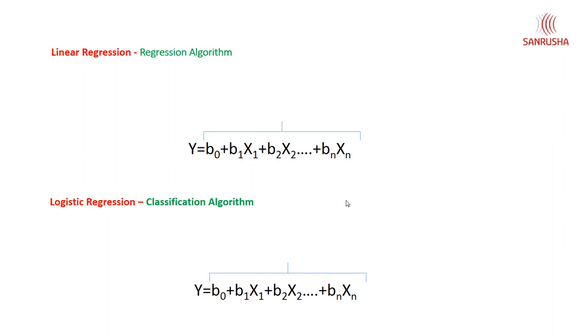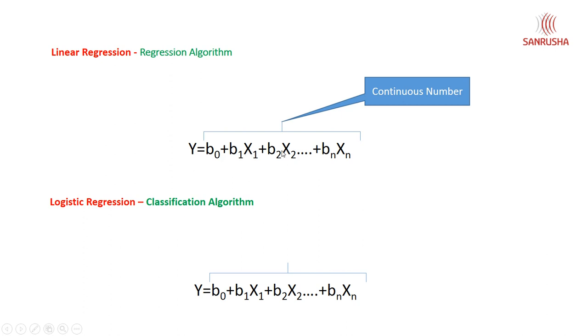Before we jump on to logistic regression, let's take a step back and understand what we did in linear regression. In linear regression, we saw this formula y = b0 + b1x1 + ... + bnxn, right? And we understand that the right side of this equation is a continuous number.